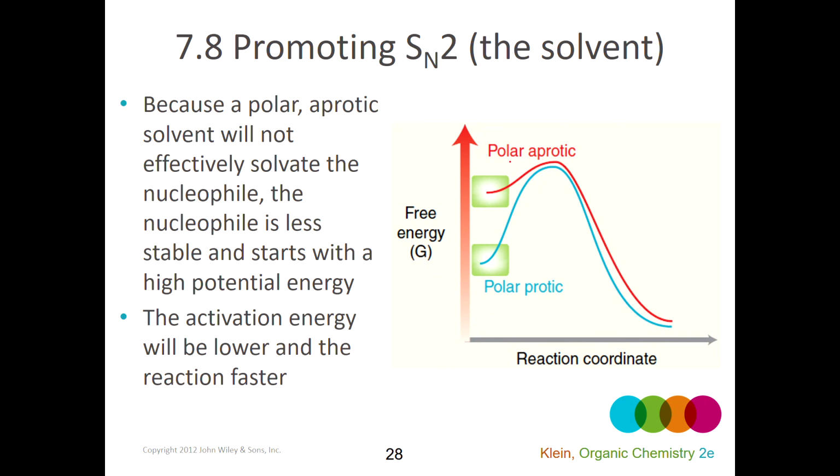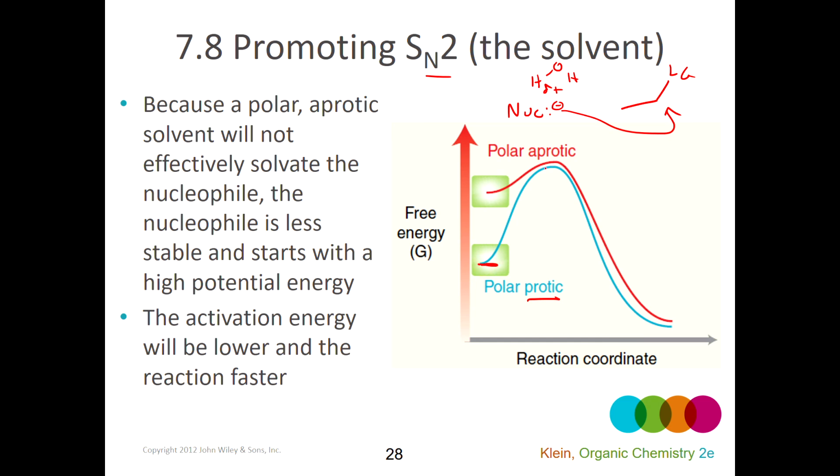If I'm doing an SN2 and I have a nucleophile that I want to attack and push out a leaving group, if I use a polar protic solvent, protic means it's capable of hydrogen bonding, so that would be something like water. If I use a polar protic solvent, the water molecules surround the nucleophile and form really nice attractions to it, and that stabilizes it.